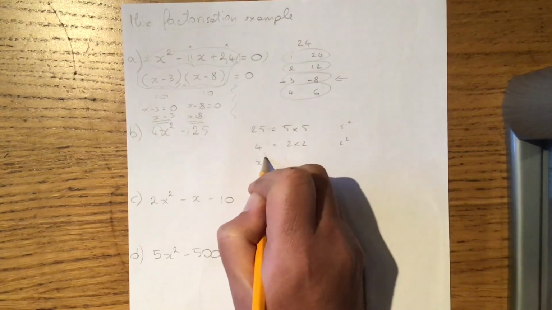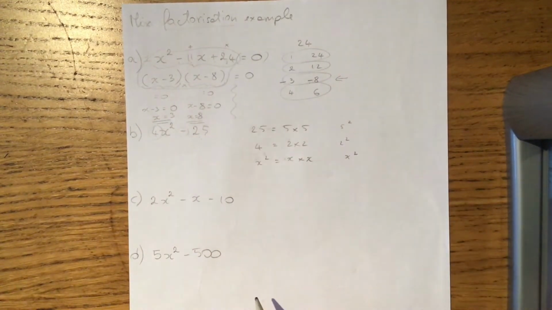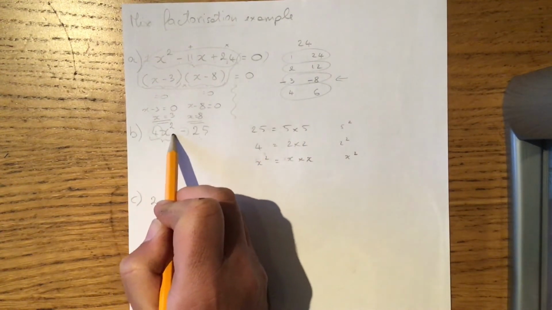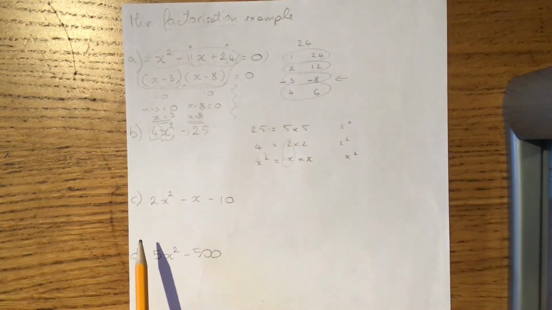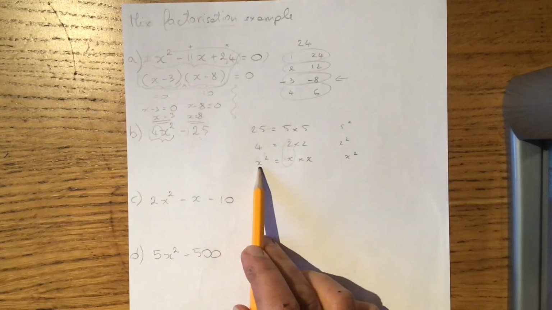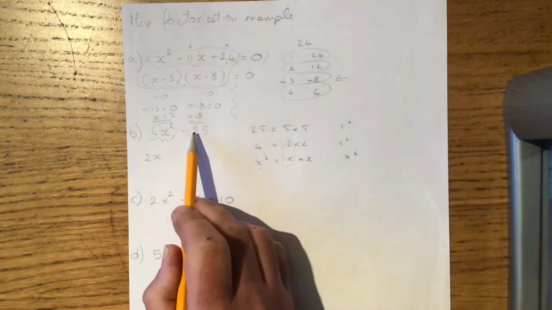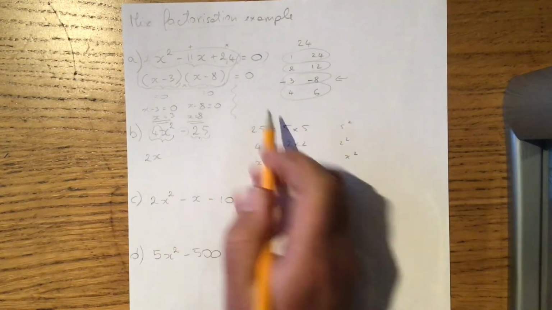And x squared is x times x. So what squared is 4x squared? It's going to be 2x, because 2 squared is 4, and x squared is x squared. So that's 2x. And what squared is 25? 5.